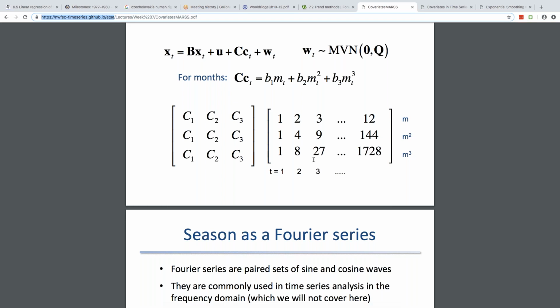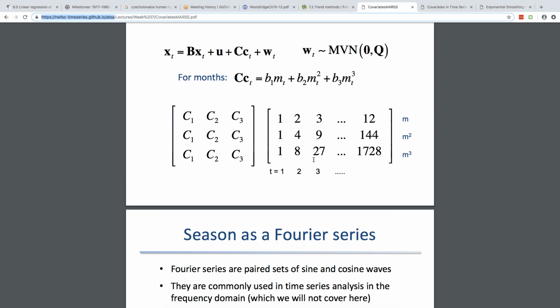So this time period is month 1. So month squared, month cubed. Month 2, there, month 3, month squared, month cubed, and this is going to go up until we get to time point 12. That's month 12. It'll look like this. And now in the next one, time point 13, we're back to month 1, and it goes back to here.